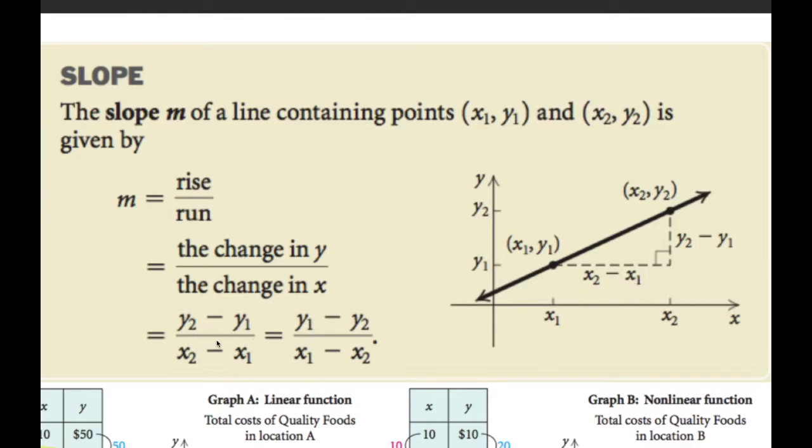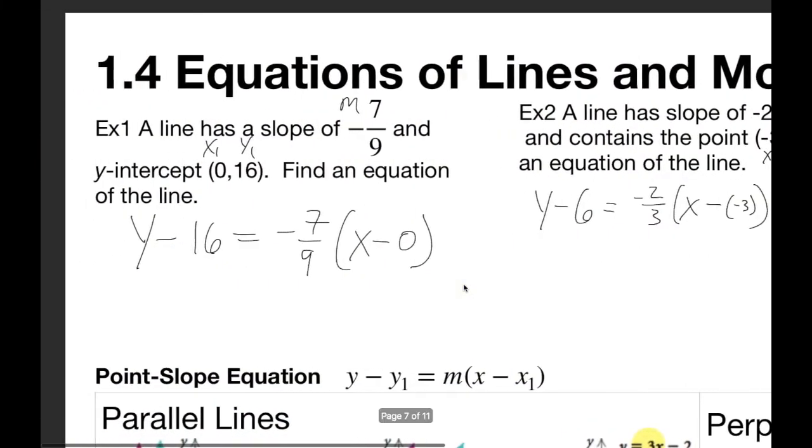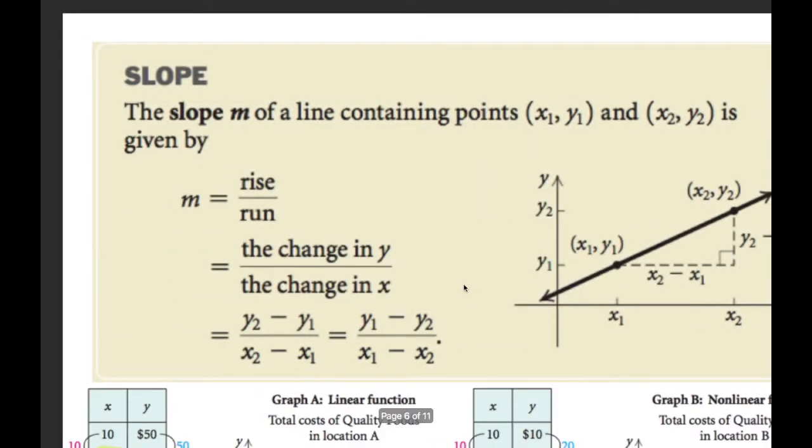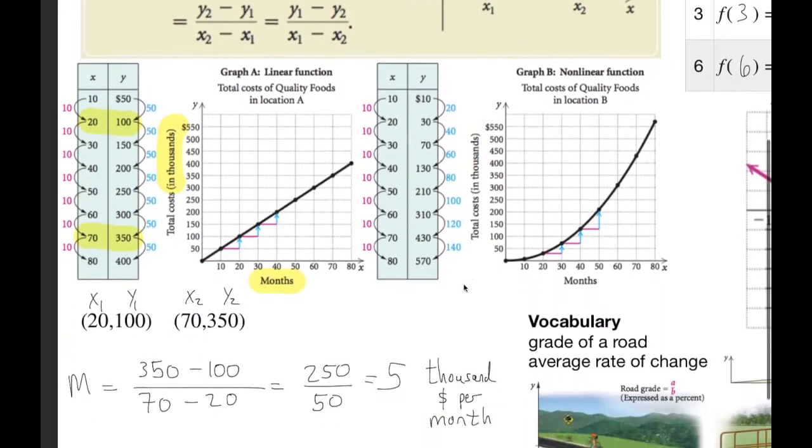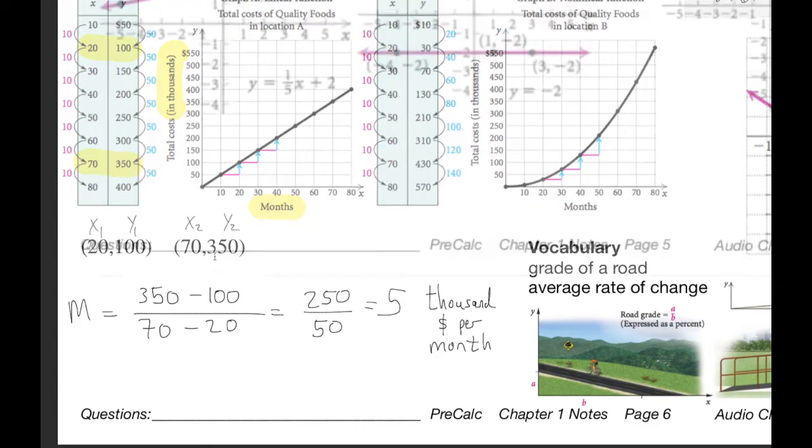But if you just want the formula, here it is: y2 minus y1 over x2 minus x1. And it's actually completely equivalent to y1 minus y2 over x1 minus x2. So there it is.